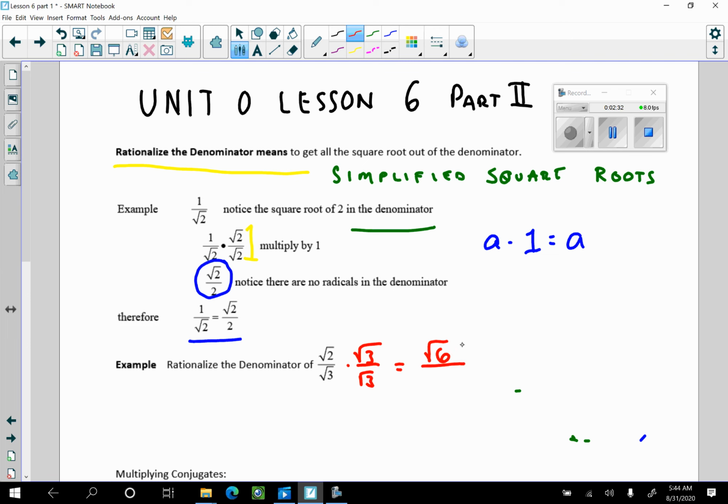No perfect square factors. Square root of 3 times square root of 3 is 3. So this is the simplification of square root of 2 over square root of 3. This is the simplified version of that. All right, moving forward.